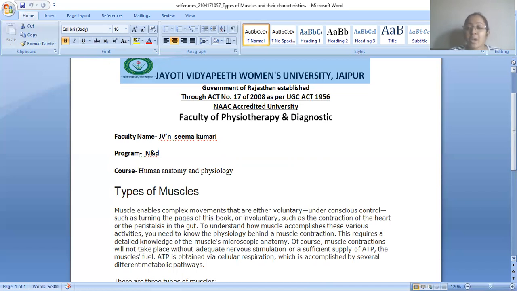We have discussed muscle stimulation: how the nervous system gives a signal, how acetylcholine comes there and causes the threshold and action potential, and then the stimulus is there for contraction, along with a sufficient supply of ATP energy, the muscle's fuel. ATP is obtained via cellular respiration.